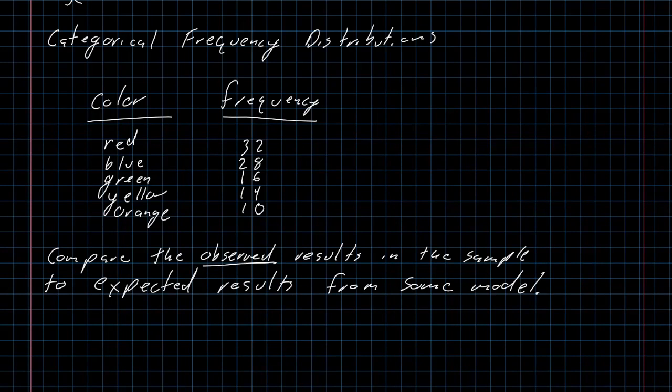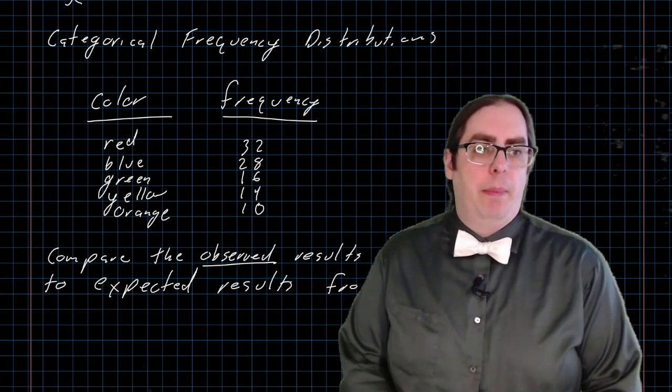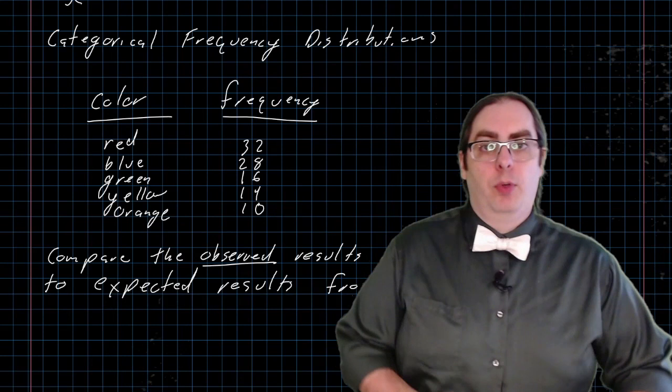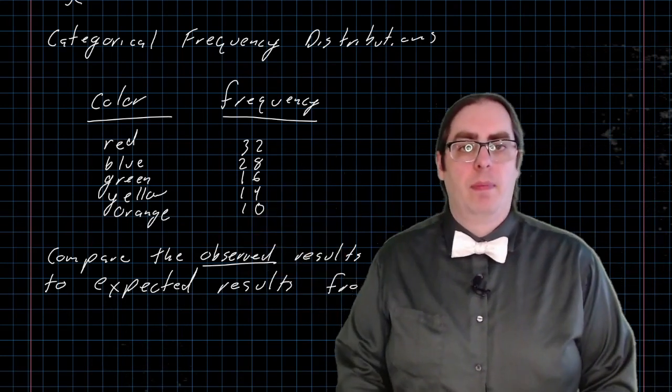And sometimes understanding what I mean by that can be challenging. I'm going to look at a very simple model in this lesson, but we are going to be forming a hypothesis test. We know the relative frequencies we expect for the 5 different colors that appear here.